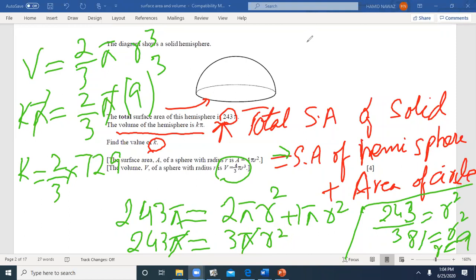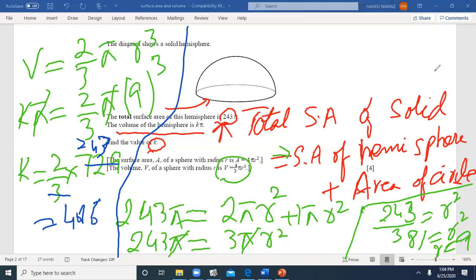Okay? You cut this with this one. It comes out to be 3 2s are 6, 3 4s are, 3 3s are. And you times this with the 2, it gives you 486. The value of k is 486.